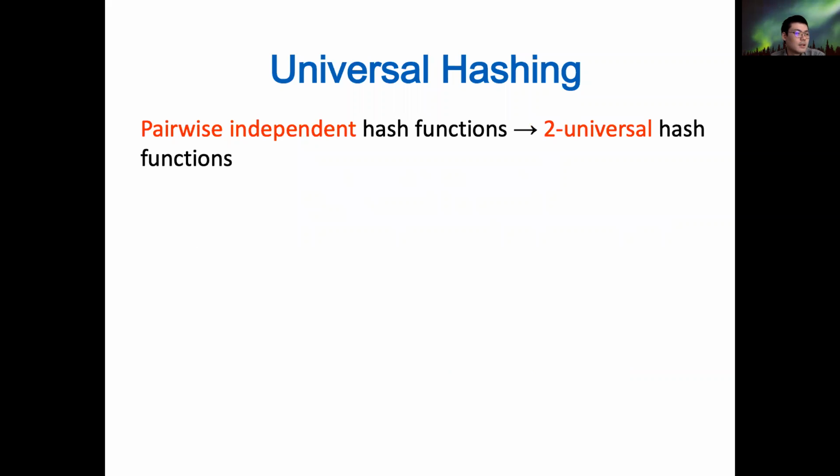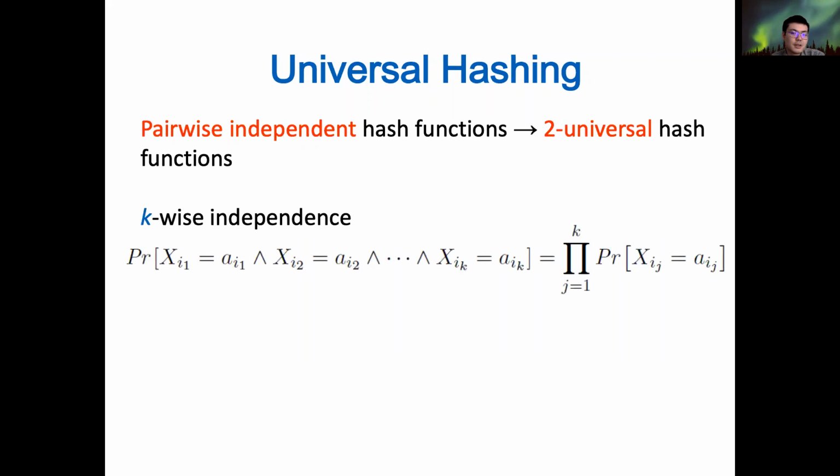So a pairwise independent hash function is also called a two-universal hash function. We can go beyond two-universal, to so-called k-wise independent. This means one value is mapped to i1, another value to i2, up to k.